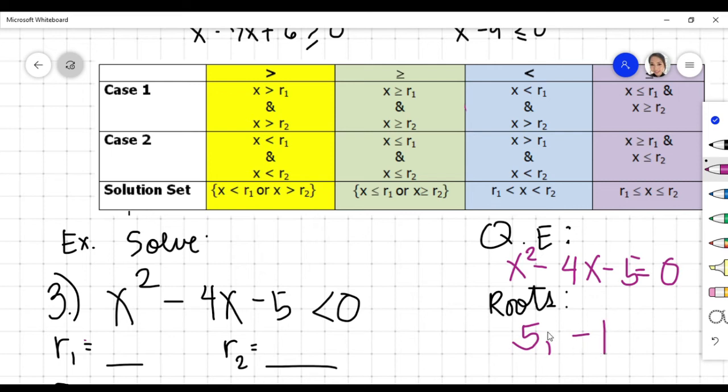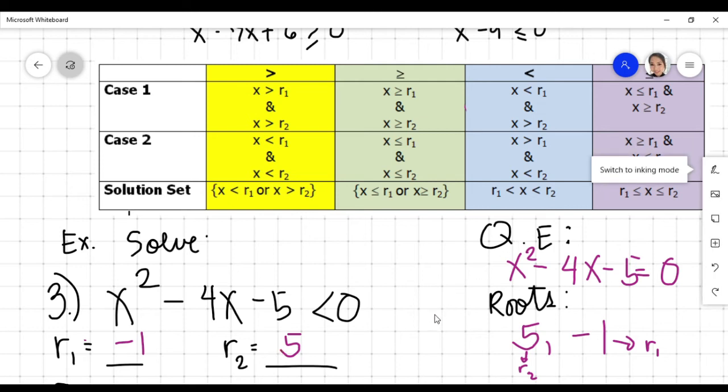Now, R1 should be the smaller one, so negative 1 is R1, and R2 is the bigger one, positive 5.